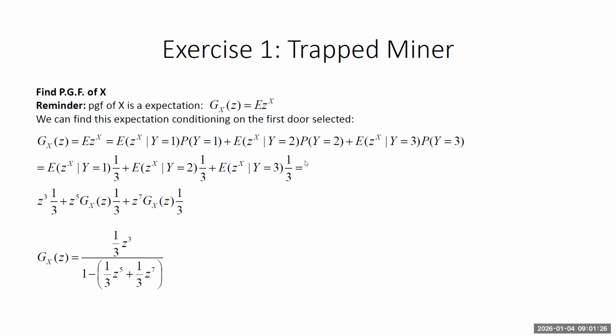If you are a specialist in probability generating functions, you can get the final answer immediately. How? The last step of this traveling is 3 kilometers, with probability 1 over 3. What do we have here? 1 divided by 1 minus 1 over 3 times (z to the power 5 plus z to the power 7). It equals 1 divided by 1 minus q.